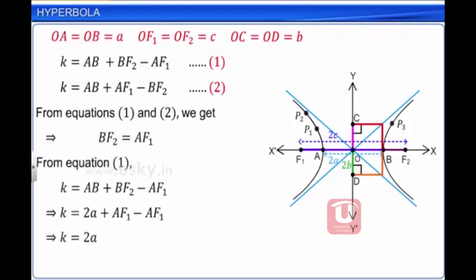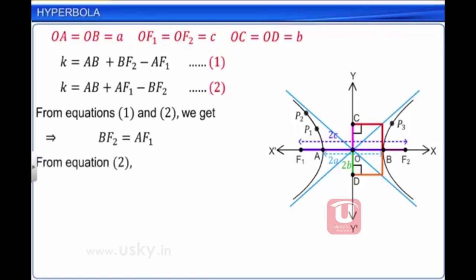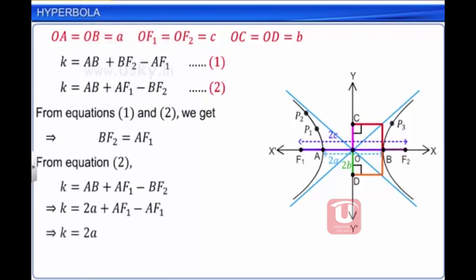Similarly, from equation 2, we get the value of K as 2a. This is true for all the points on a hyperbola. The difference between the distances of any point on a hyperbola from its foci is equal to the length of the transverse axis of the hyperbola.